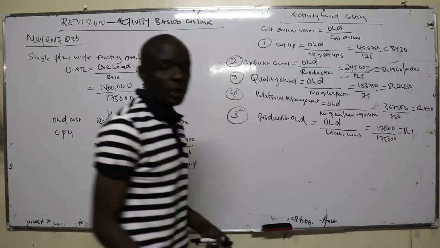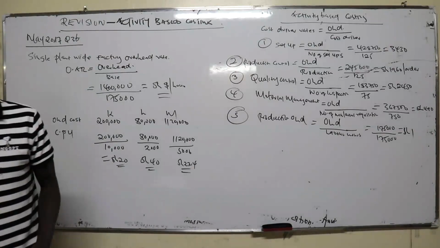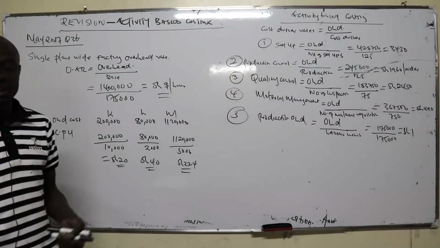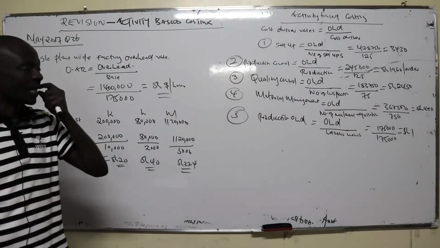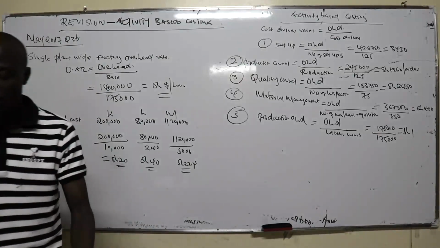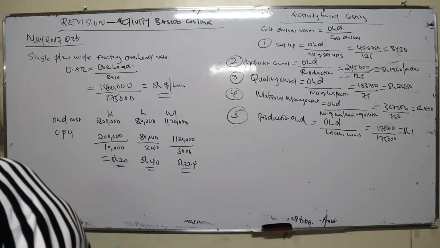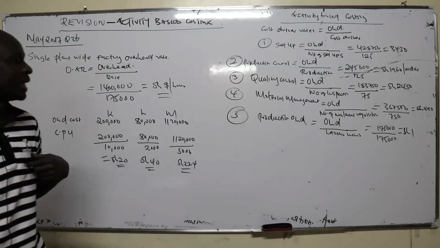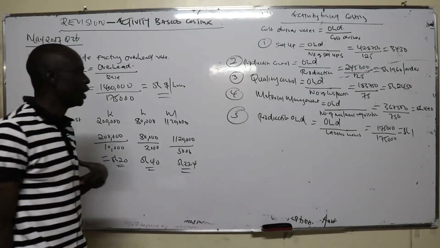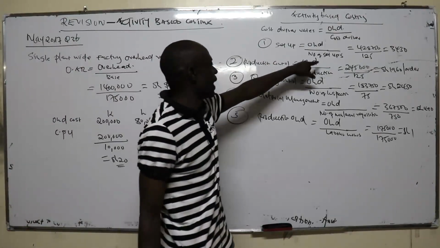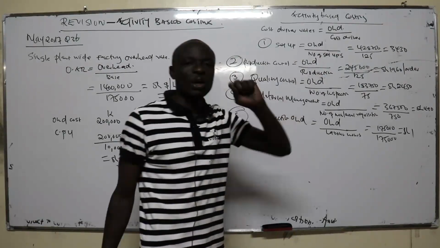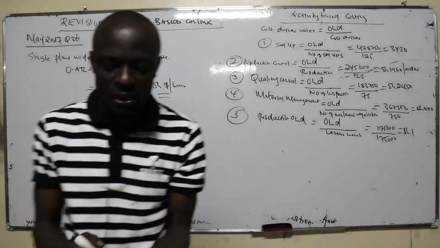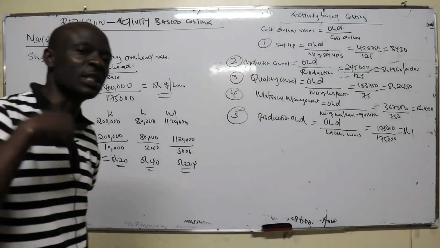So when you're doing activity-based costing, overheads are absorbed based on the activities, based on the cost driver of the activity. So each and every activity will be allocated the overheads. So you need to determine the cost driver rates, the rate at which you're going to absorb the overheads. The cost driver is that factor that causes the overhead to occur.